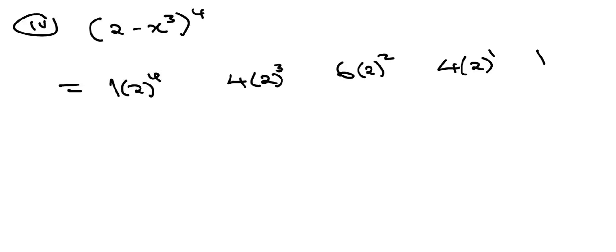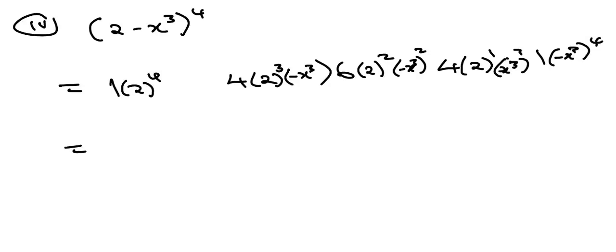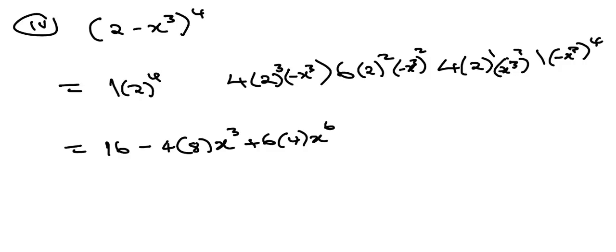Then the second term has to increase, so we're just going to start from here, x to the power 3, then x to the power 3 squared, then x to the power 3, then negative x to the power 3 with a 4. So to simplify the working here, this is just going to give us a 16 minus a 4, 2 to the power 3, that's 8, with an x to the power 3, then plus a 6 times 4, then x to the power 6, then this will be negative 8, x to the power 3 by 3.